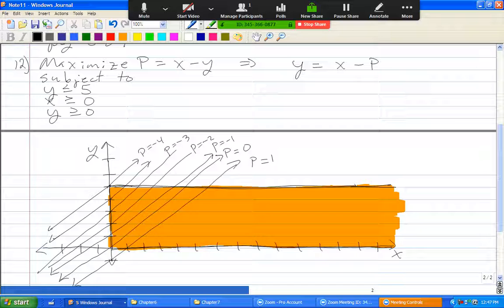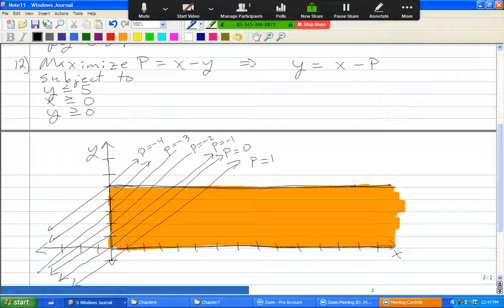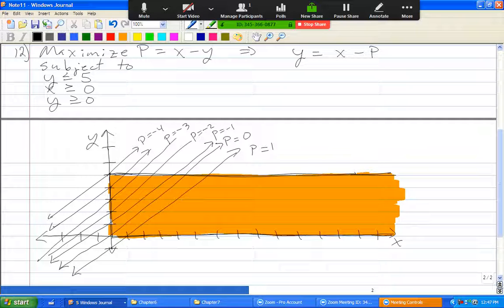Okay, so here, if I want to maximize this, oh, of course, I guess this can't be bigger than that. Y's got to be less than that.